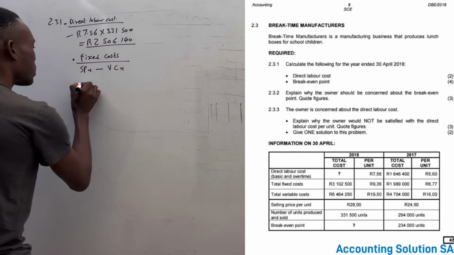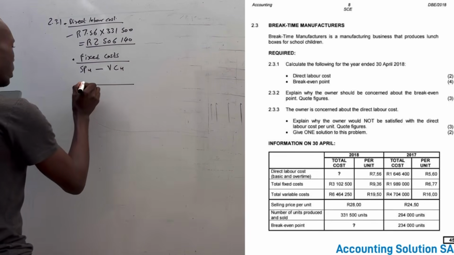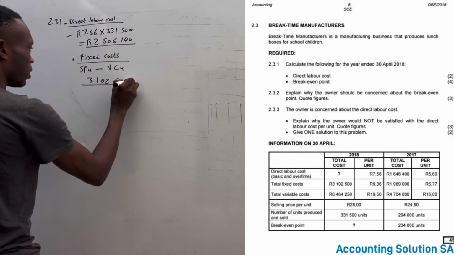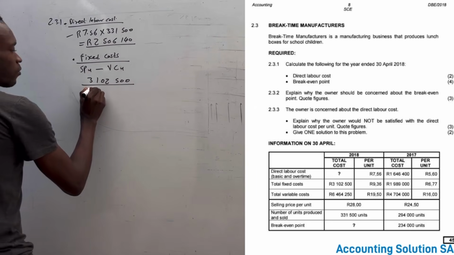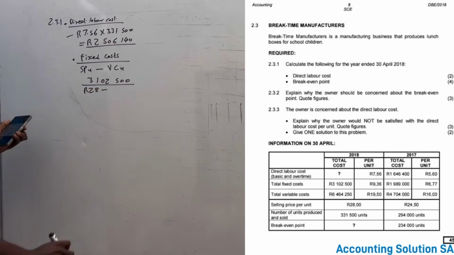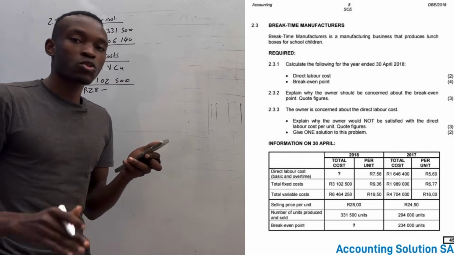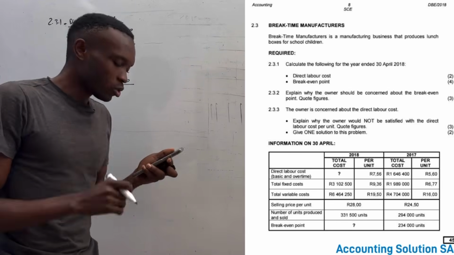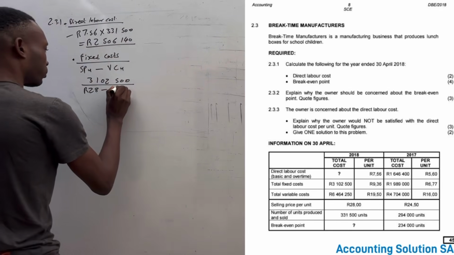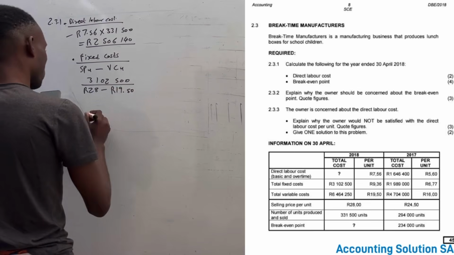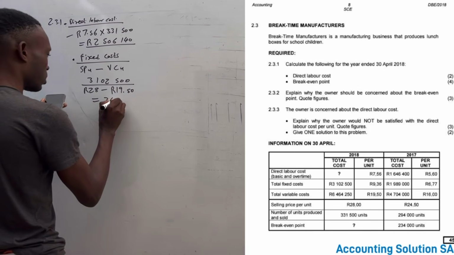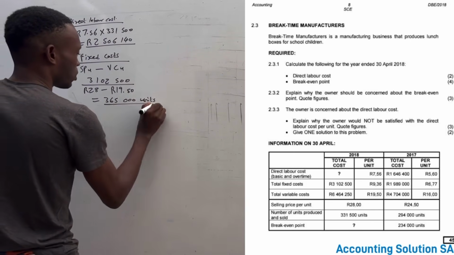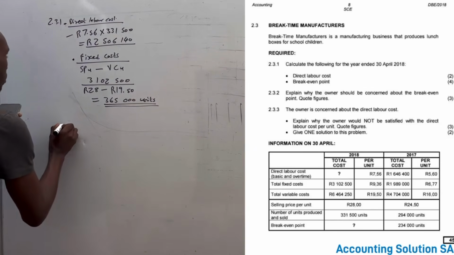So if you check our fixed cost on the table, we are given an amount of 3,102,500, and a selling price of 28 rand minus variable cost, they give us a total. You don't have to include the direct labor, because they already give us a total of 19 rand 50. Okay, so if you do this calculation, you are going to get 365,000. It's units. Break-even point is normally in units, unless otherwise specified.